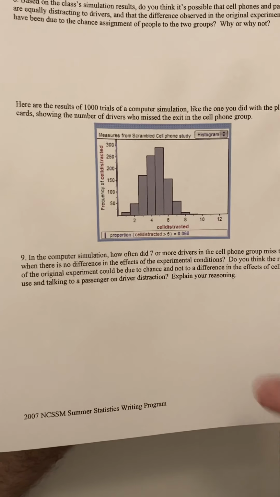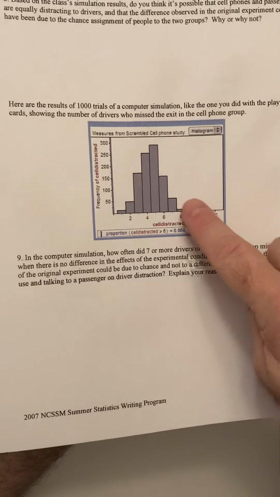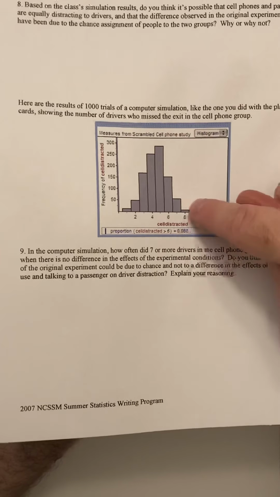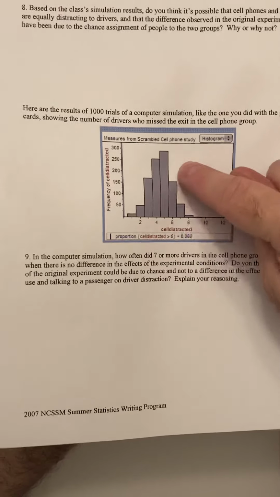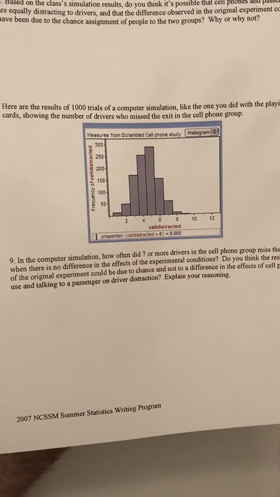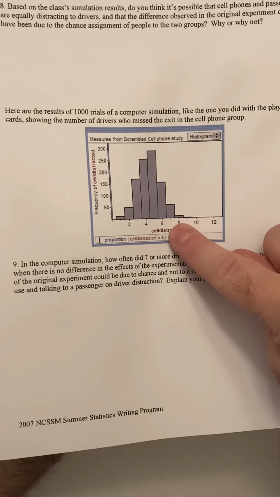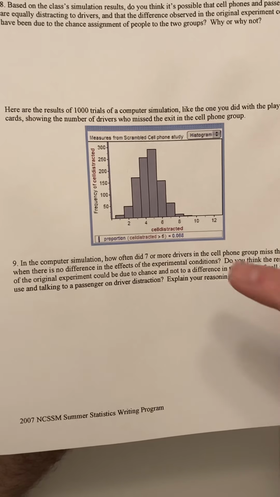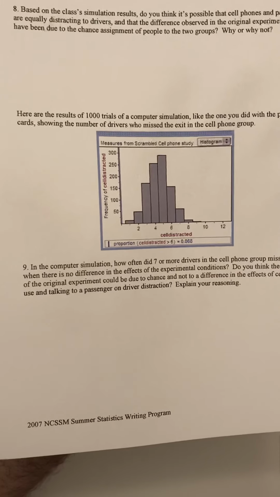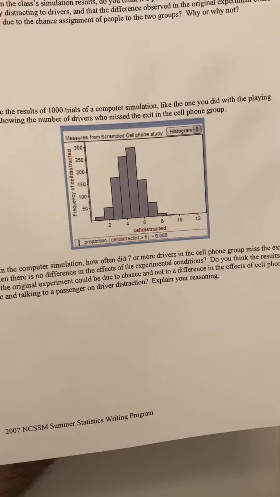It was that the cell phone actually seems to have been a distractor. In other words, if it weren't, then we would expect the 7 and 8, especially the 7, to be a lot higher and happen a lot more of the time. But it doesn't happen a lot of the time, which seems to indicate that the simulation under our assumption is false, and therefore the alternative, that cell phones actually are a distraction that cause missed exits or possibly accidents, is more plausible. So that is how a simulation is done.